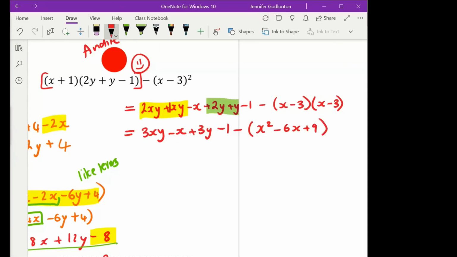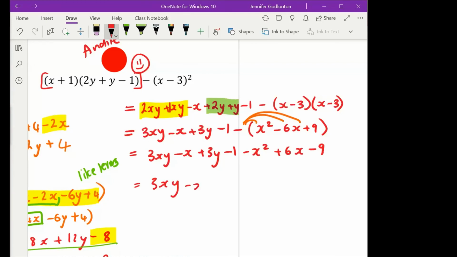And then in front of the bracket, I took the negative sign and multiplied it with the variables inside the bracket. And then my final answer was 3xy minus x squared minus 5x minus y negative 10.